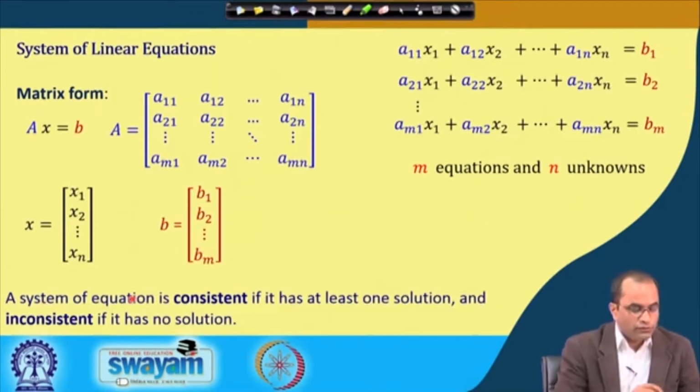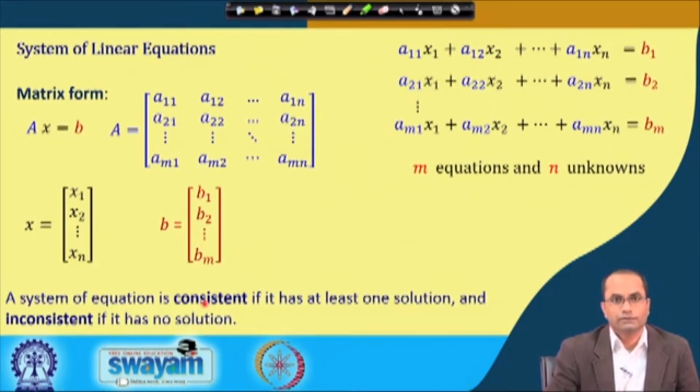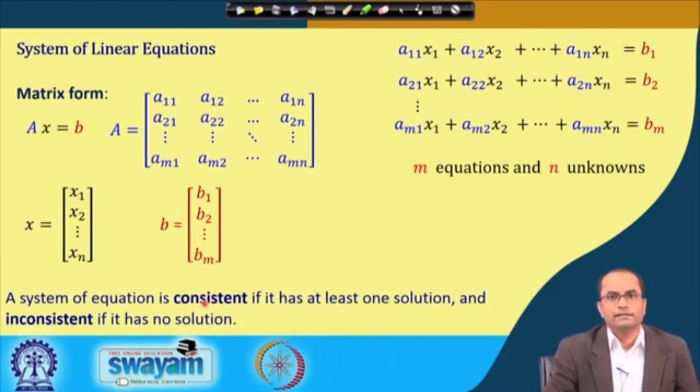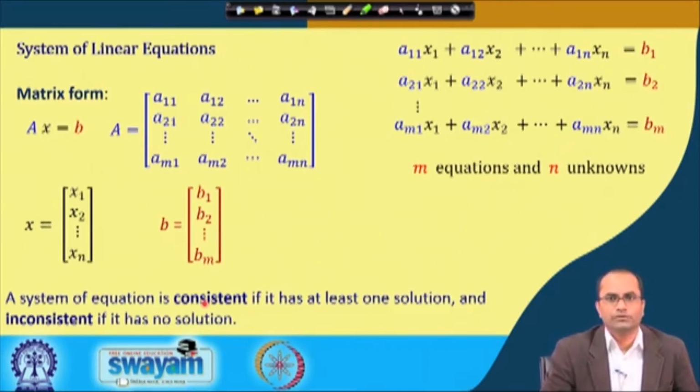So, a system of equations is consistent, that is the definition we will use. The system of equations is consistent if it has at least one solution, and inconsistent if it has no solution. Because we will observe in today's lecture that there are several possibilities for the solutions.